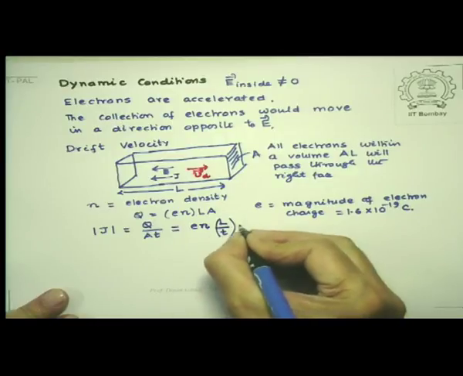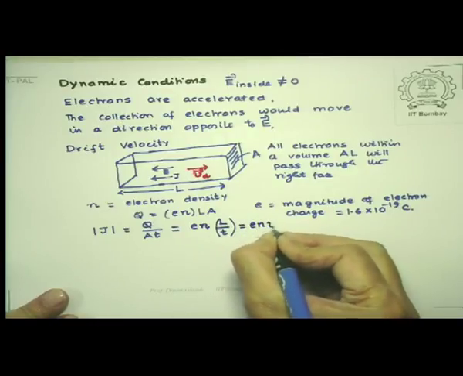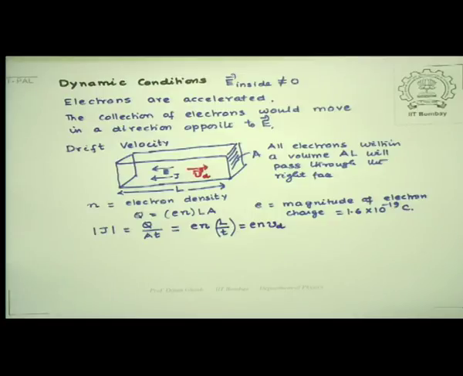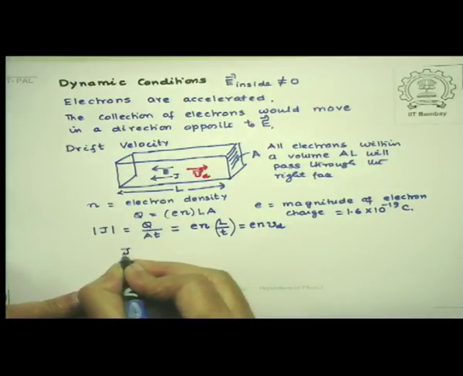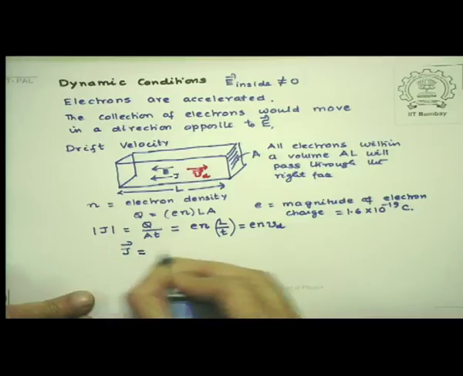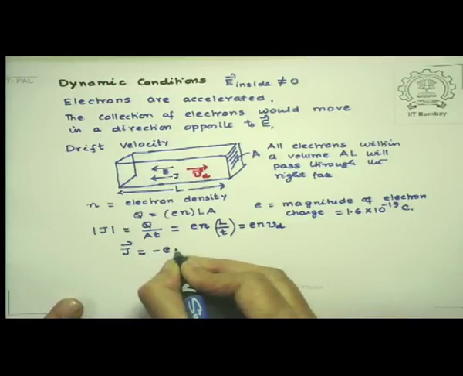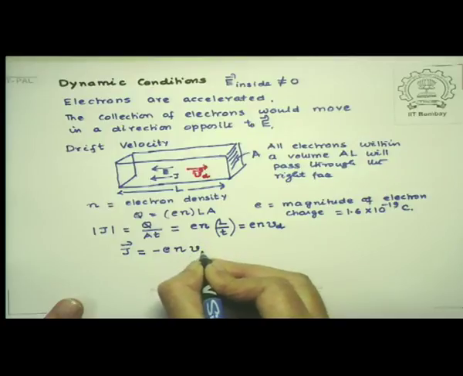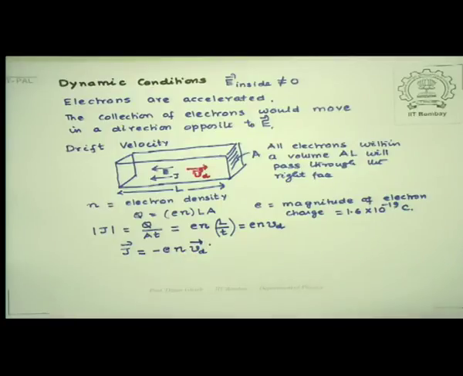So that is my e times n times the magnitude of Vd. Now since the direction is opposite to that of the current density, I write my current density J as equal to minus e times n times Vd. The direction of the current density is opposite to the direction in which the electrons are moving.